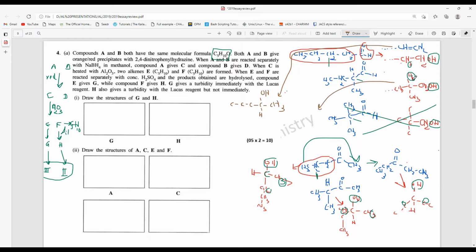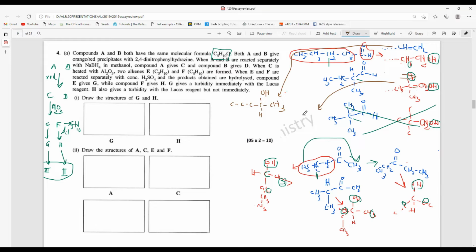This one, when you dehydrate first, this OH and H are removed. Then when you hydrate, it will form the alkene with a double bond here. And then when you hydrate again, this hydrogen is not there basically.